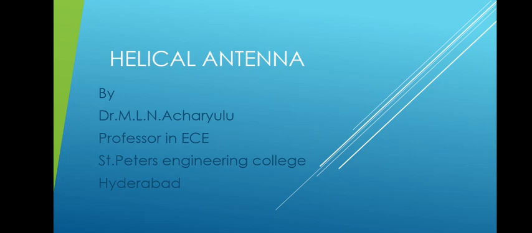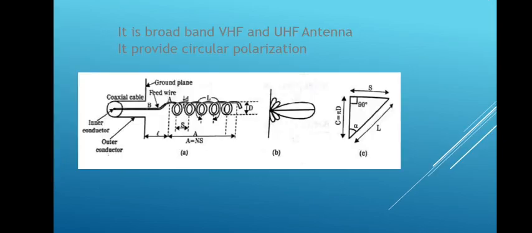Here, the helical antenna is just like a wire antenna. The wire antennas are generally small loop and large loop antennas. What is a small loop antenna? In a small loop antenna, the length is very small, about lambda by 10 to lambda by 50.